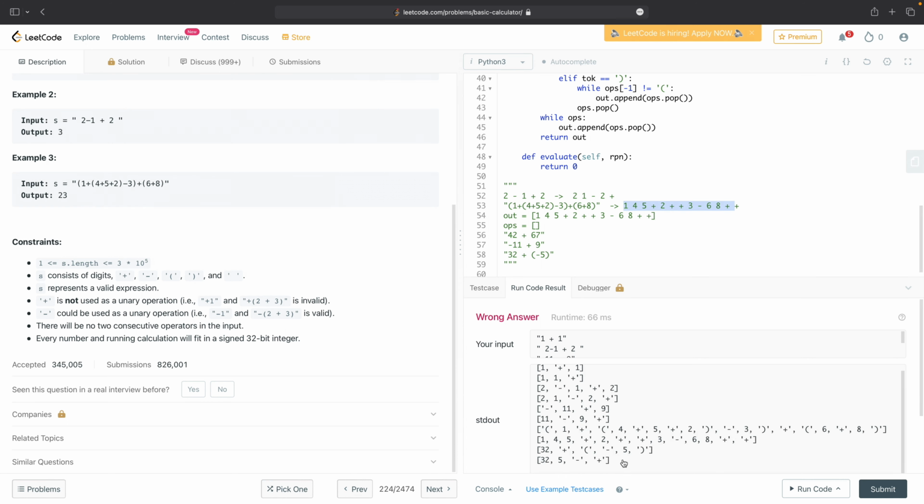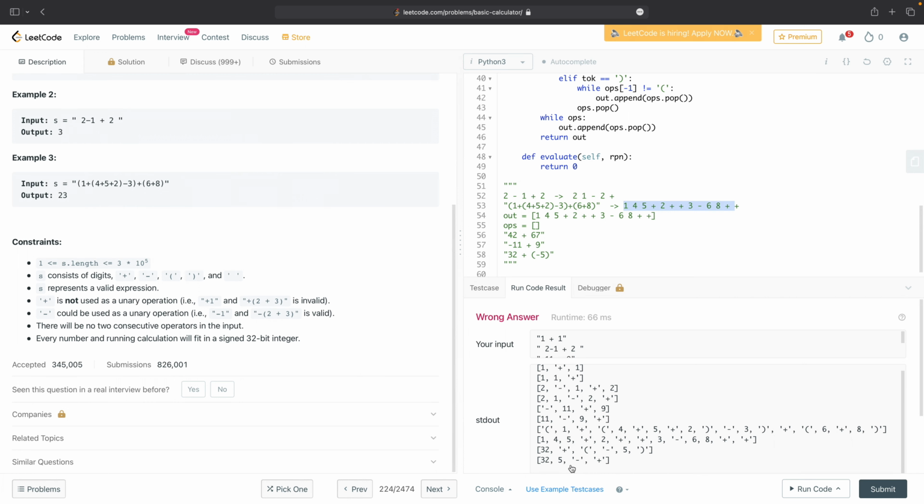This 32 plus negative 5. Ooh, that's going to be a problem. That's going to break things horribly.